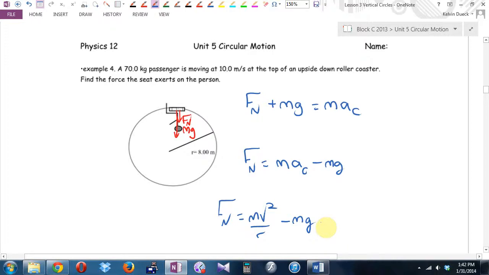It's going to be a different answer no matter what. Here we got 70 times 10 squared over R, R is in the picture, minus 70 times 9.8.